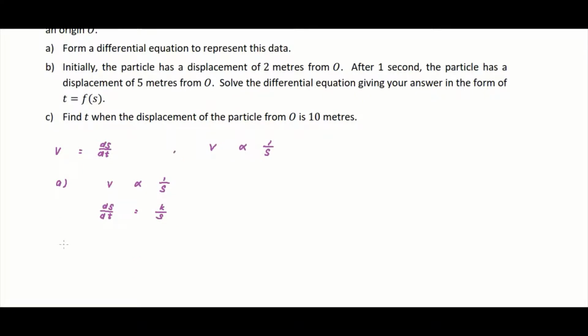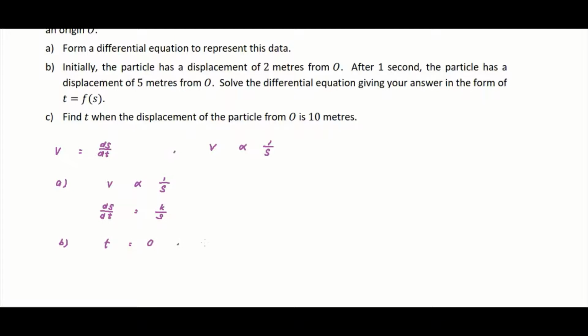So initially the particle has a displacement of 2 meters from O, and after 1 second... So we can write this down first. Initially the particle has a displacement of 2 meters from O. What is the meaning of initially? Initially means at the time when you start this experiment, so our t is equal to 0.